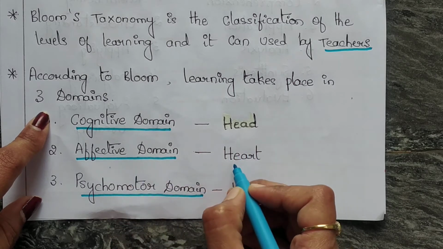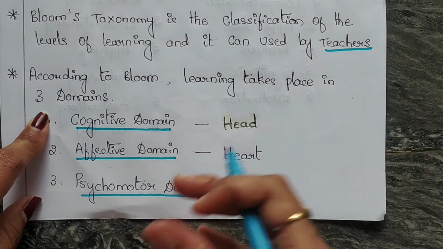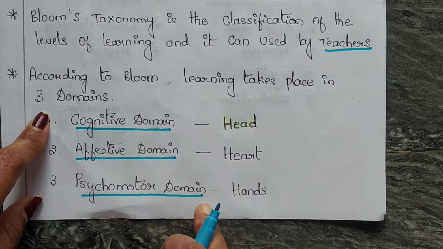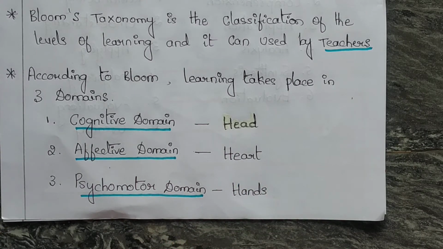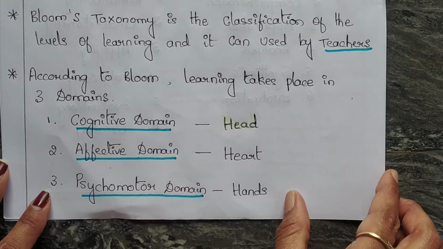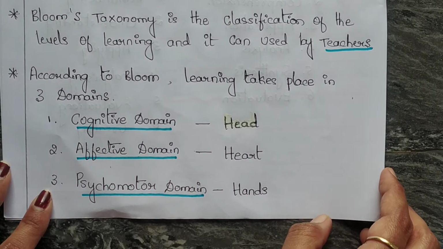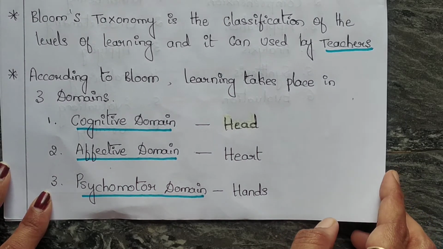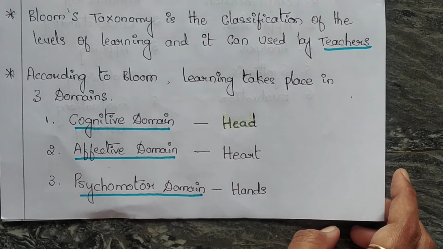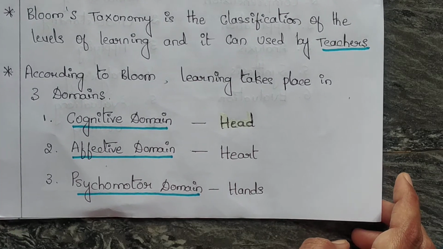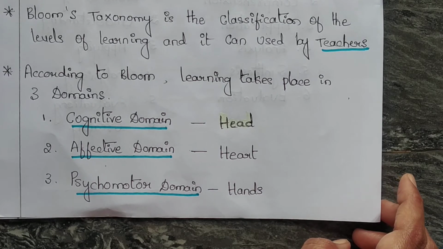Affective domain is about the heart, emotions, feelings. Psychomotor domain is about the hands, learning by physical or motor activities.